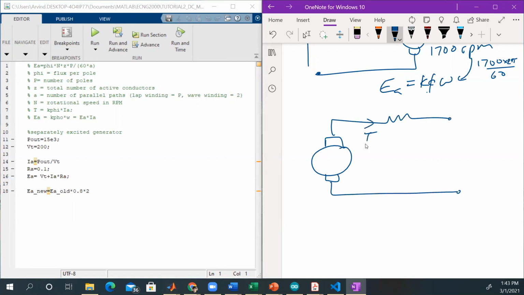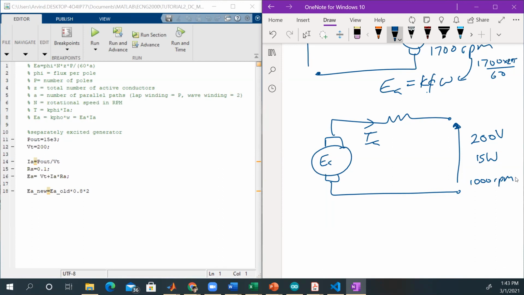right? So the current will be going out, IA. And for the generator, just like for the load, we specify things on the output. So on the output here, we have 200 volts and 15 kilowatts and 1000 RPM.